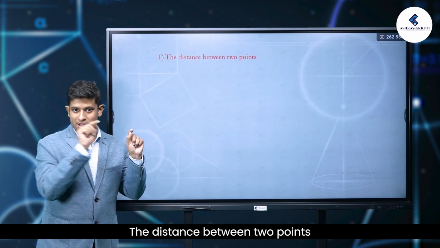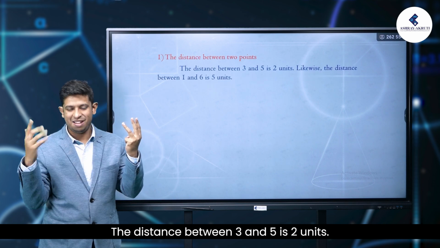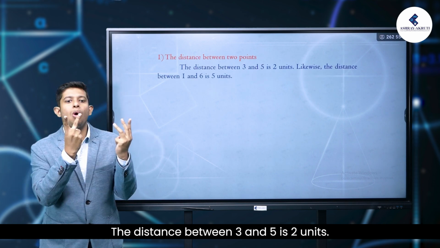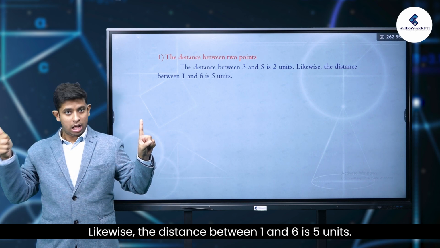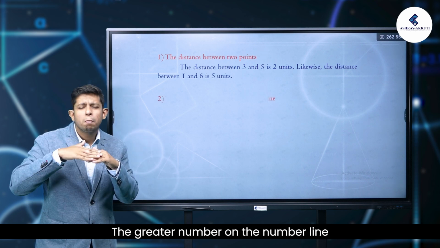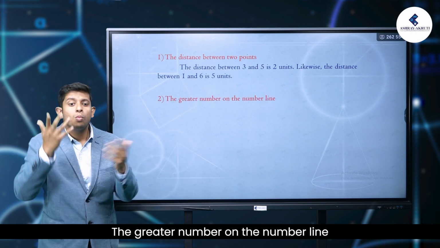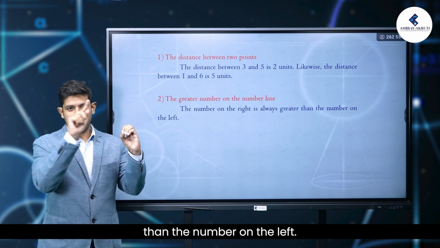The distance between 2 points: the distance between 3 and 5 is 2 units. Likewise, the distance between 1 and 6 is 5 units. The greater number on the number line: the number on the right is always greater than the number on the left.